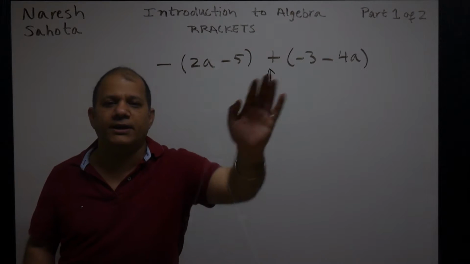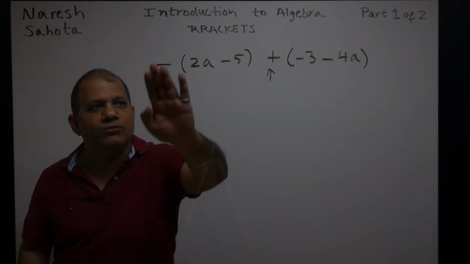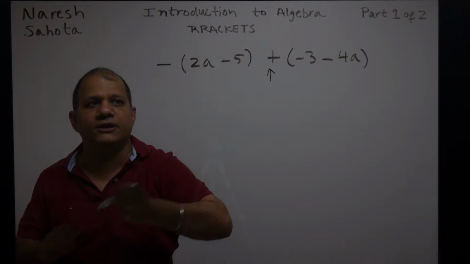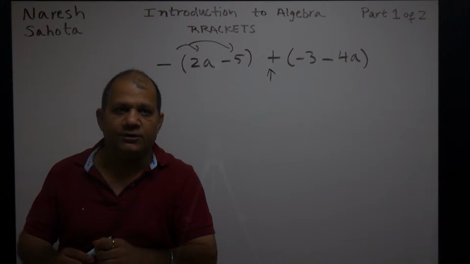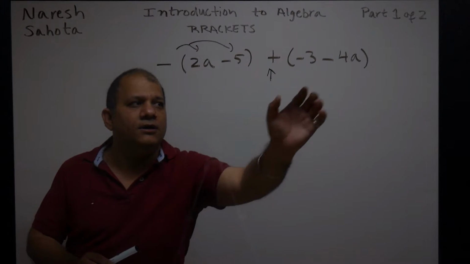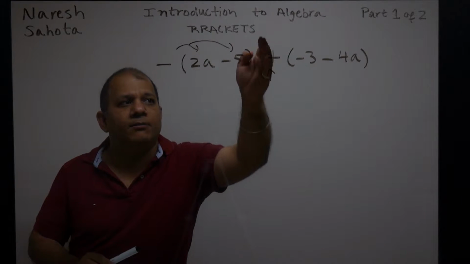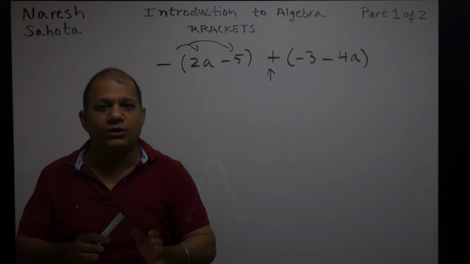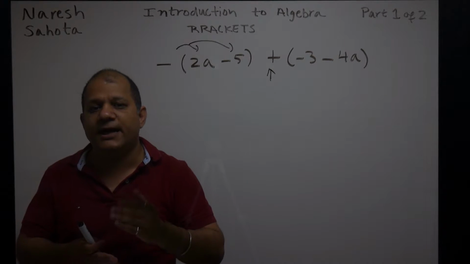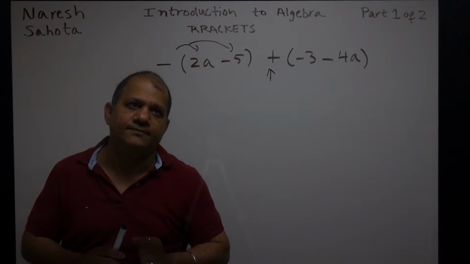Simplify before we can add. So when we remove brackets, we are actually going to have a multiplication operation in here. So we have multiplication here, multiplication in this bracket, but then we're adding the results. Okay, so an example where we're doing multiplication and addition in the same question.